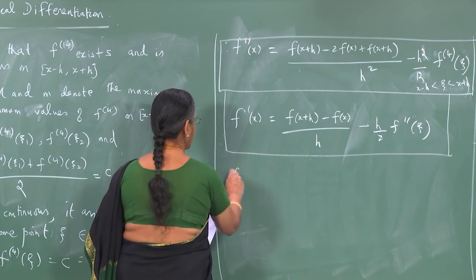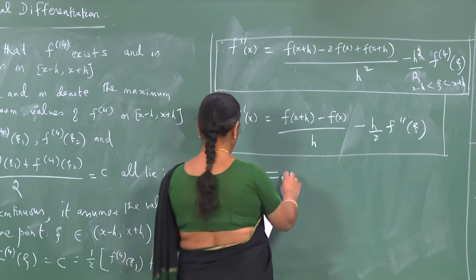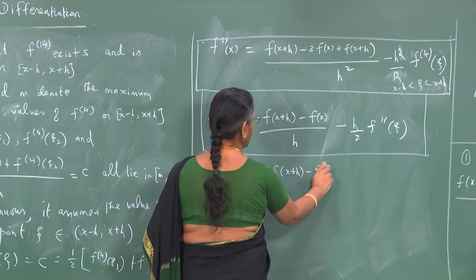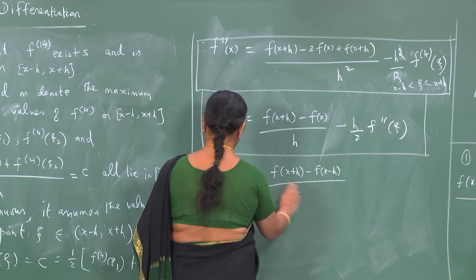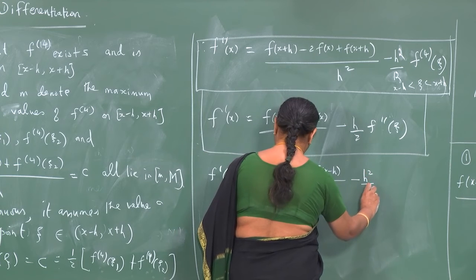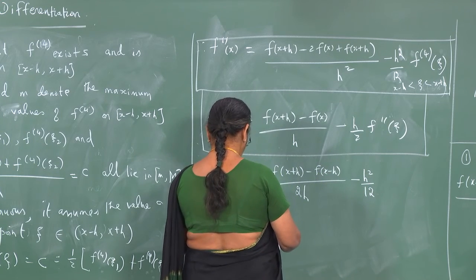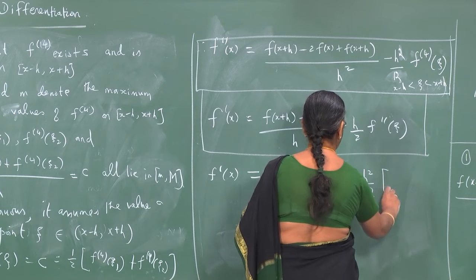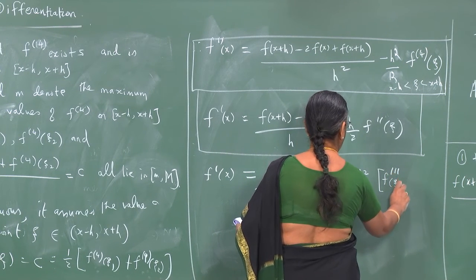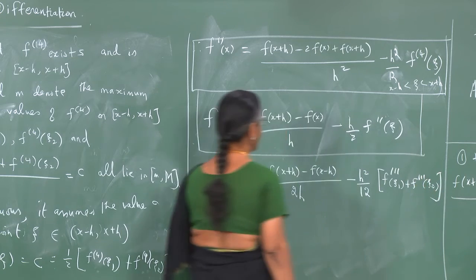F prime x can also be obtained using the estimation f at x plus h minus f at x minus h by 2h, and the error involved is minus h square by 12 into f triple prime at psi 1 plus f triple prime at psi 2.